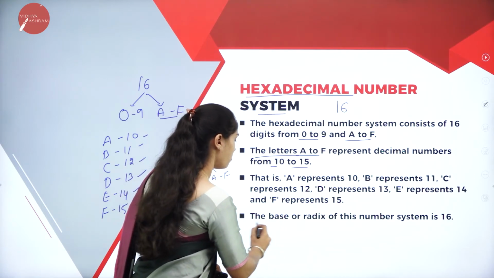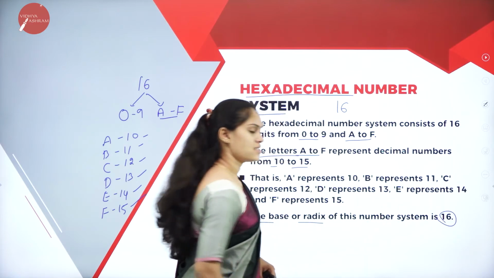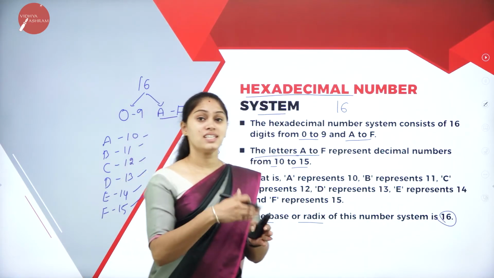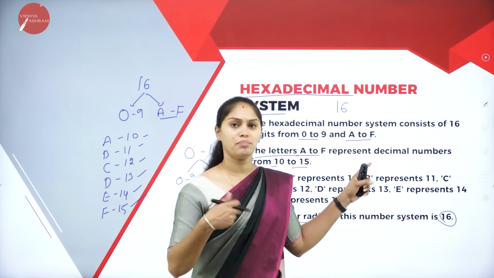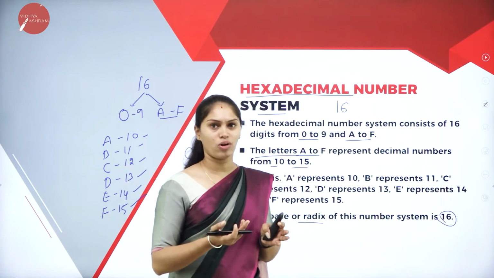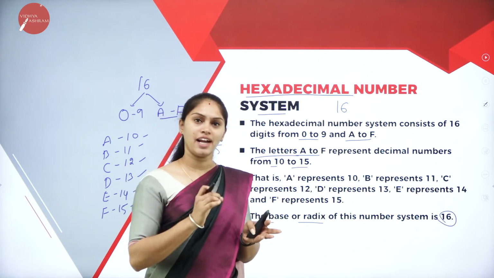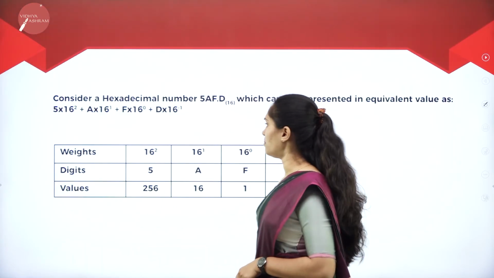Next, what is the base or radix of this particular number system? It is 16. Why? Because we have 16 different symbols in the hexadecimal number system, and the power will be represented with 16 itself. It can be a combination of 0 to 9 and A to F. A is 10 and F is 15. We'll see an example here.